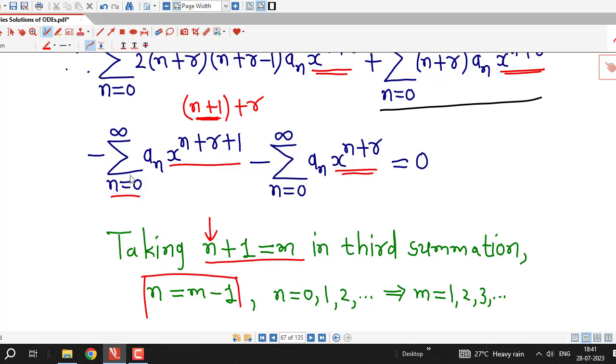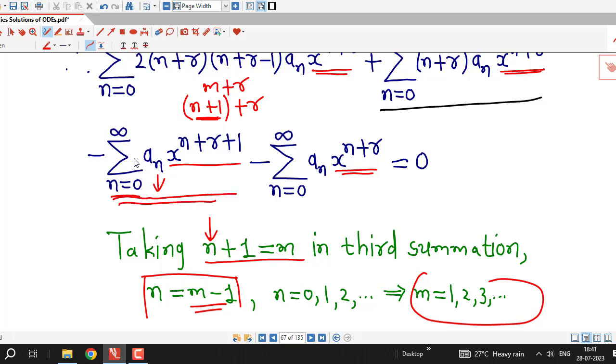So if n is from 0 to infinity, m will be from 1 to infinity, and this is going to be x to the power m plus r. This n will be replaced by m minus 1. So I have made the change in this summation only, and the rest of the summations are as they are.